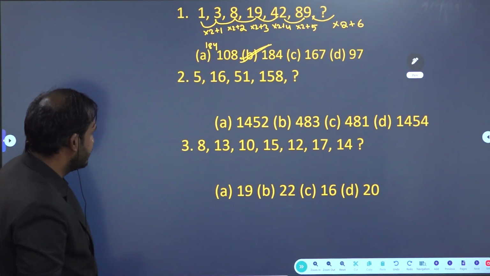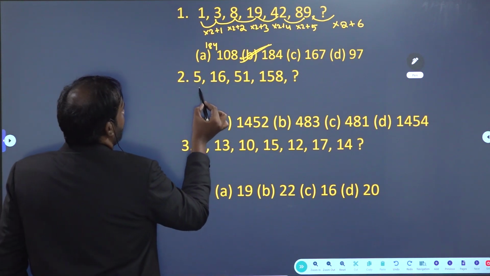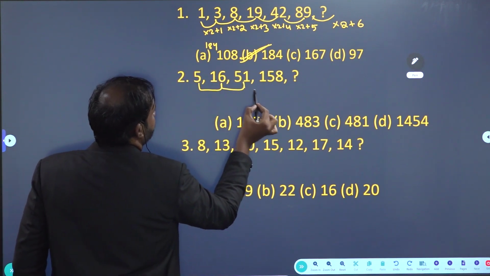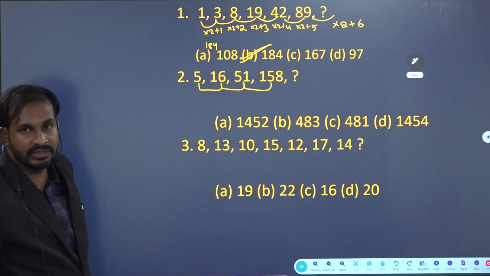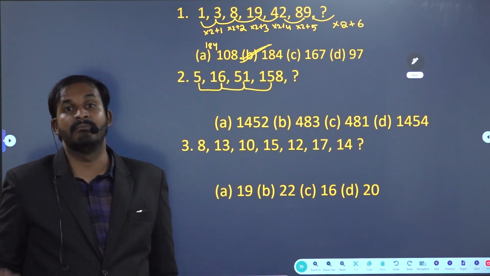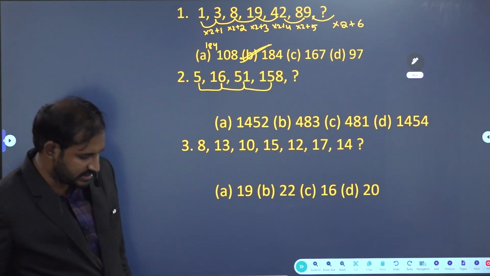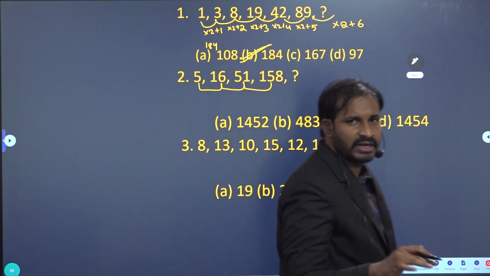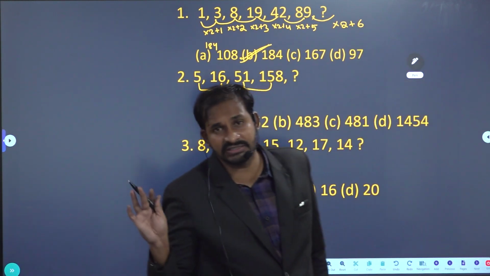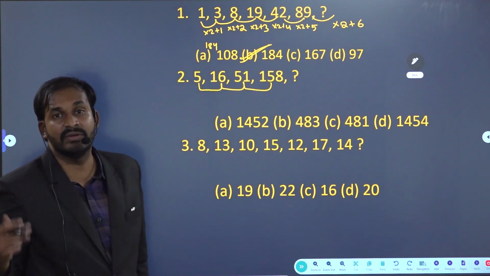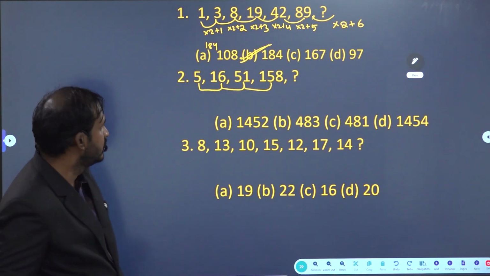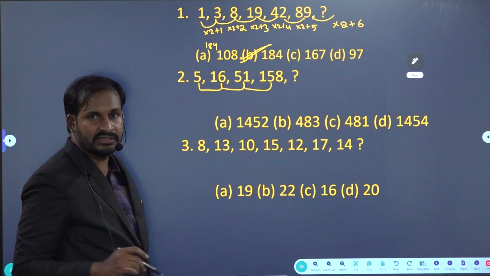Okay, next. 5 to 16, 16 to 51, 51 to 158. Now tell me, what is happening here? A multiplication is happening. Along with multiplication, we may also have addition or subtraction. Now see here how 5 can become 16, in two ways.